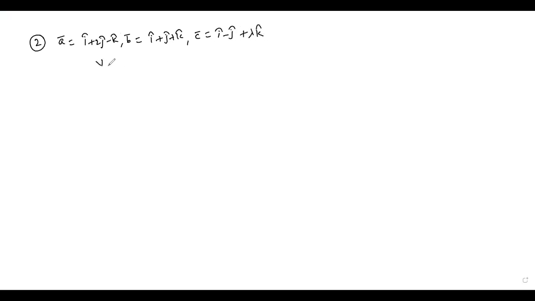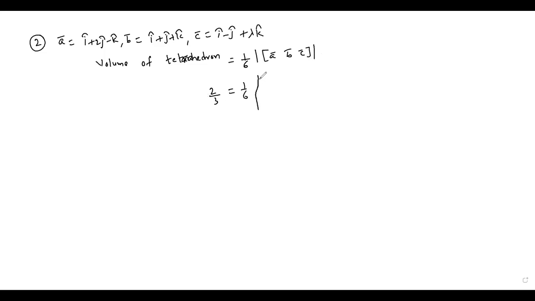Here they gave the volume of the tetrahedron. The actual formula is 1 by 6 modulus of box of a bar, b bar and c bar. The value already given is 2 by 3.